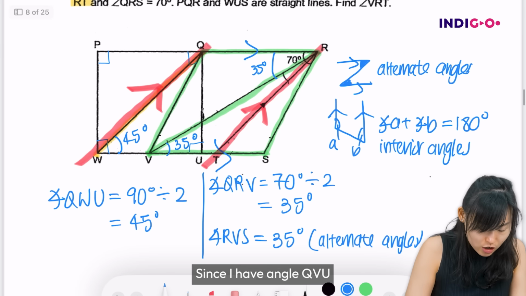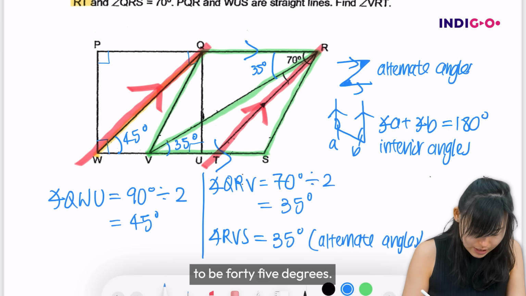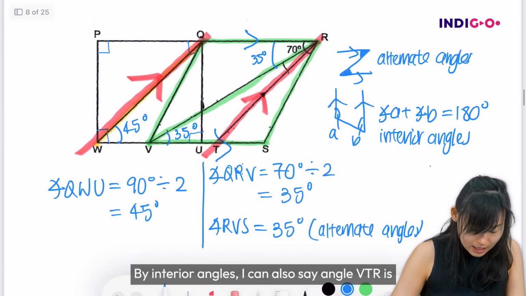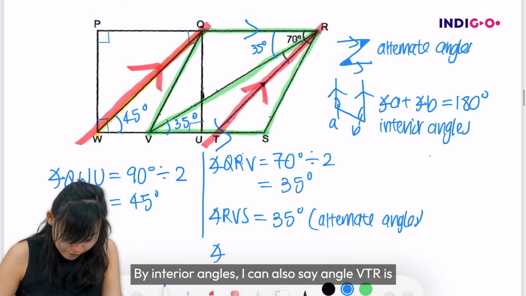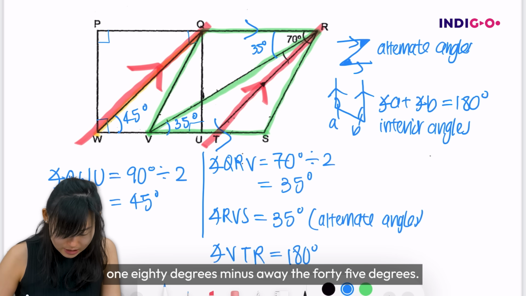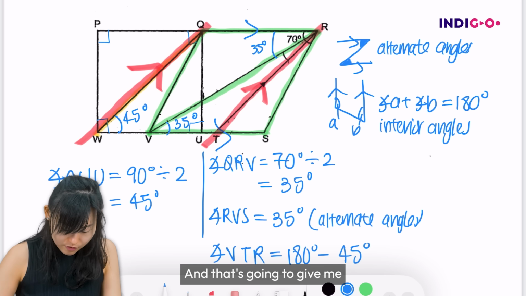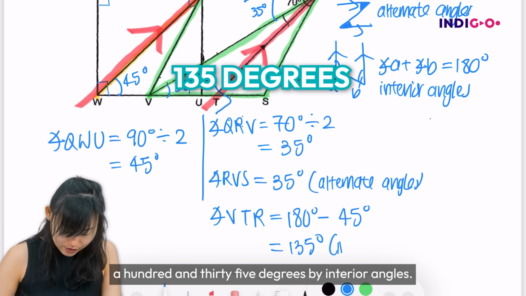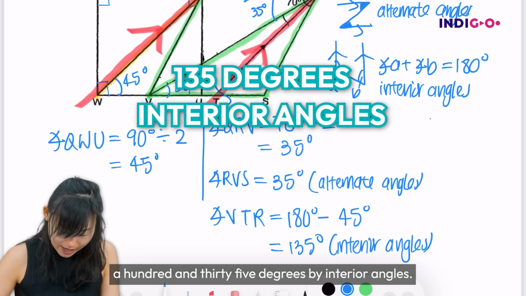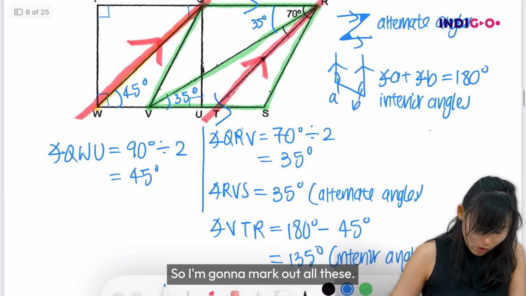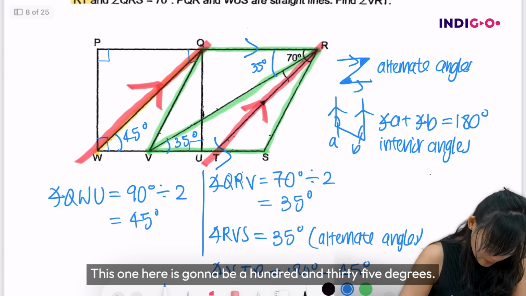Since I have angle QVU to be 45 degrees, by interior angles, I can also say angle VTR is 180 degrees minus away the 45 degrees, and that's going to give me 135 degrees by interior angles. So I'm going to mark out all these. Okay, this one here is going to be 135 degrees.